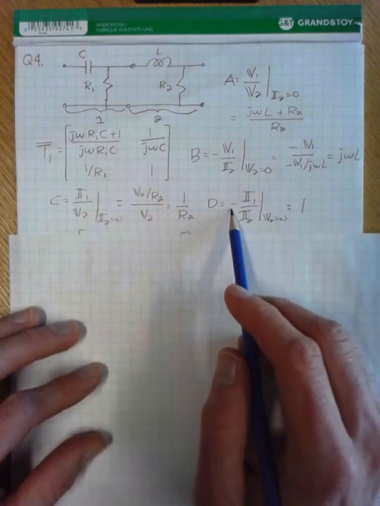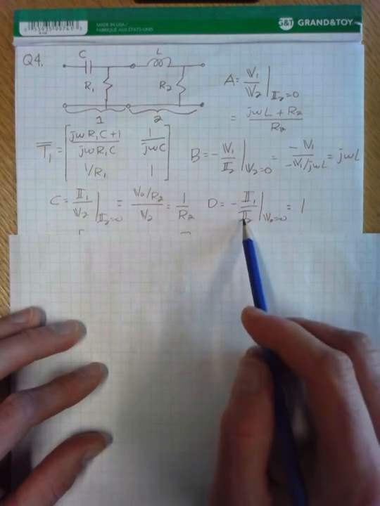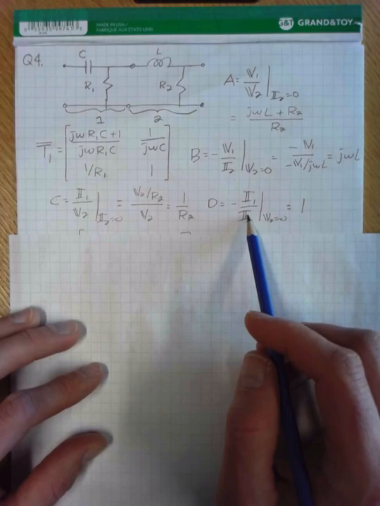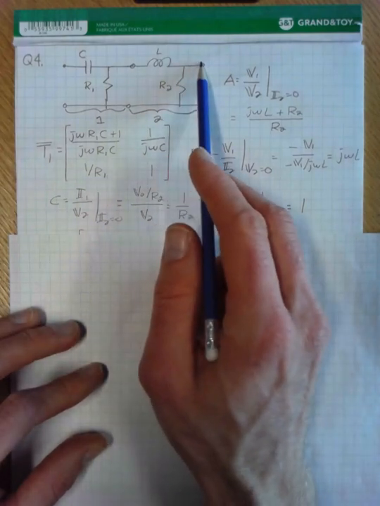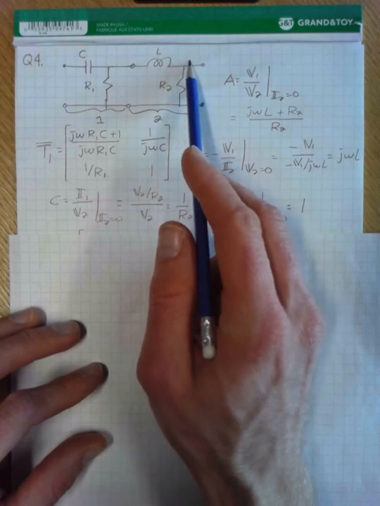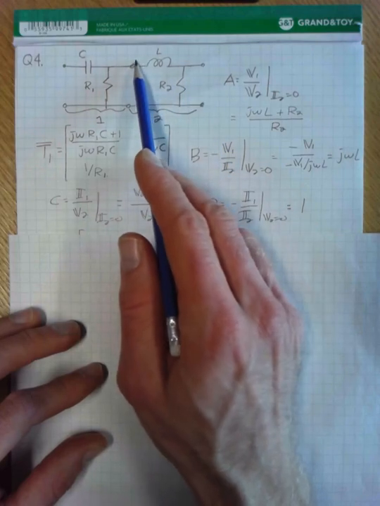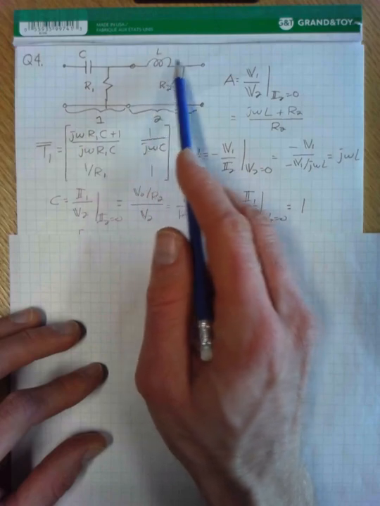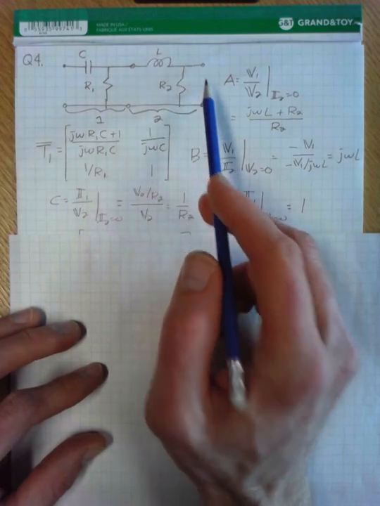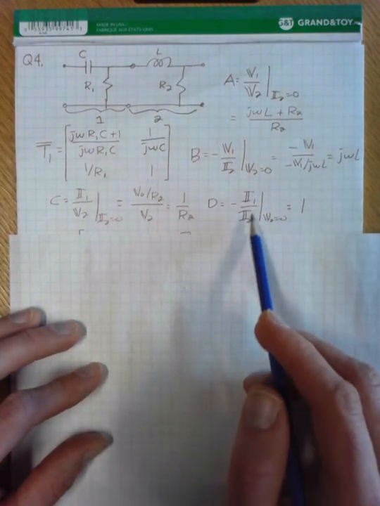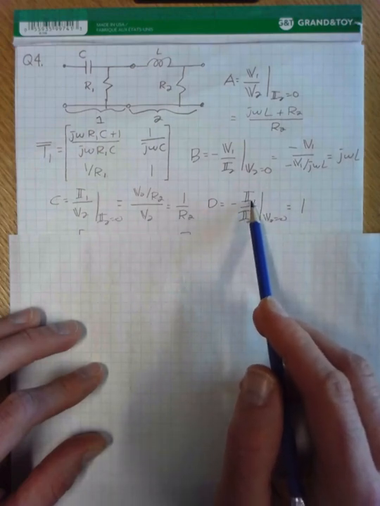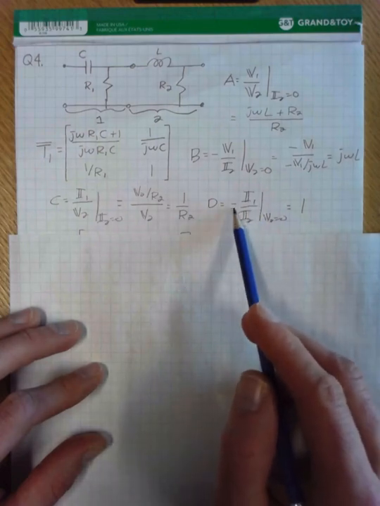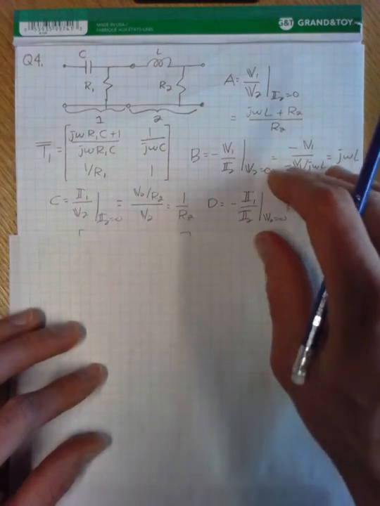And finally for D, it's the input-output current ratio when we short the output. When we short the output, all the current going into the circuit is going to flow through the short, and so these two currents are equal, although in opposite direction, and so the opposite direction part gets rid of the negative sign, and D is equal to 1.